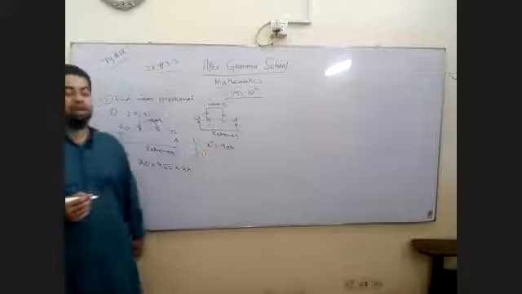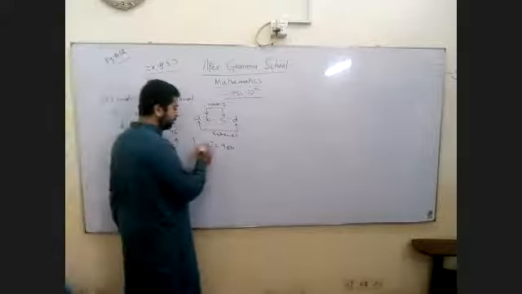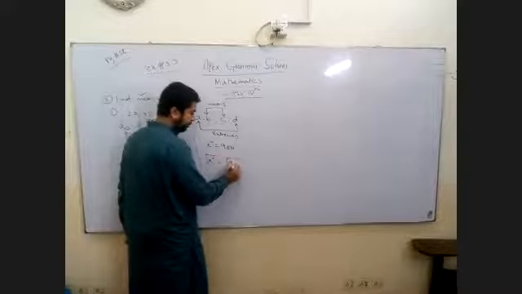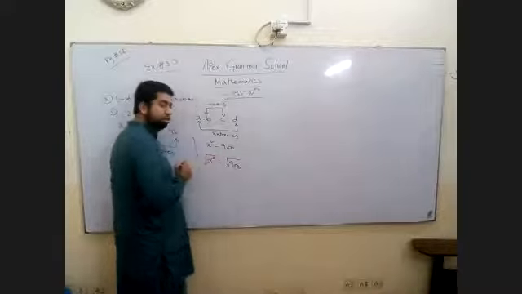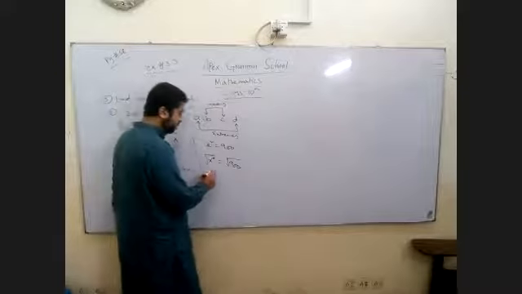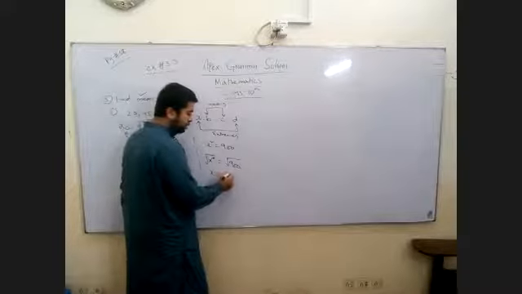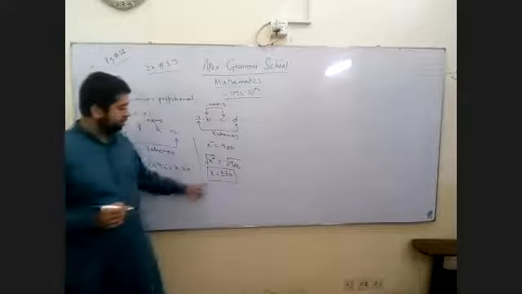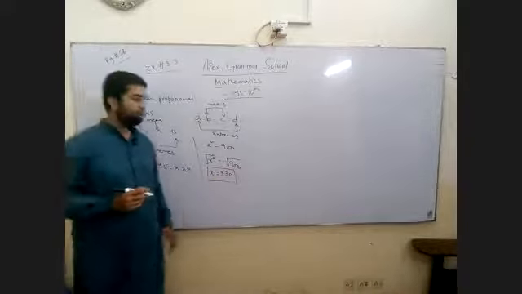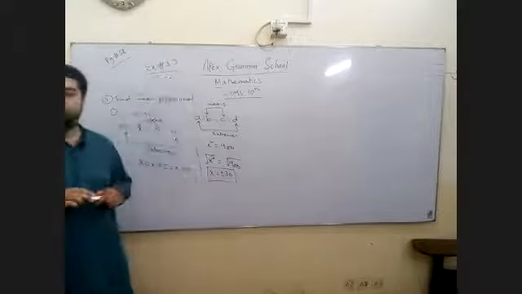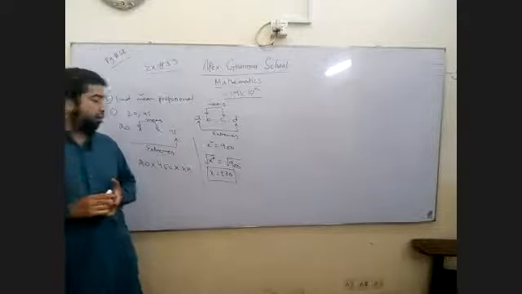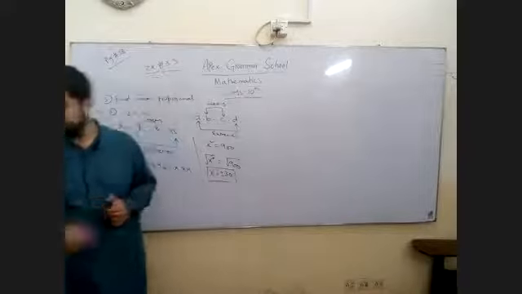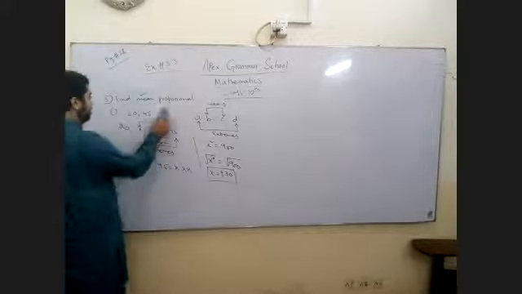We need to find only the value of x, so apply square root on both sides. The square cancels the square root. The square root of 900 is 30, and you need to put plus and minus. You know why, from the first and second chapters, we have already learned why we put the positive and negative sign. This was part number 1.